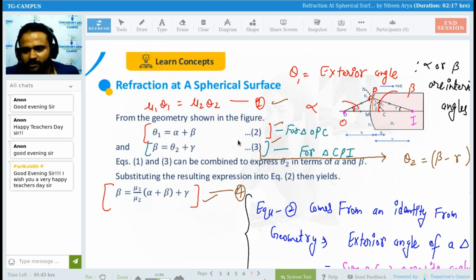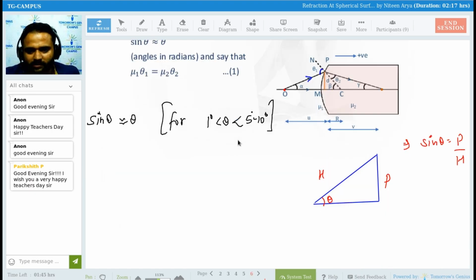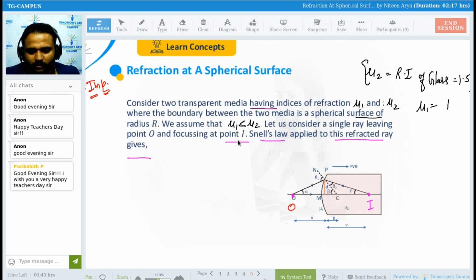Okay, wait a minute. I need this diagram in it. Just a minute. Theta 1, theta 2. So this equation number 4, what I write: mu1 alpha plus mu2 gamma is going to be mu2 minus mu1 beta.